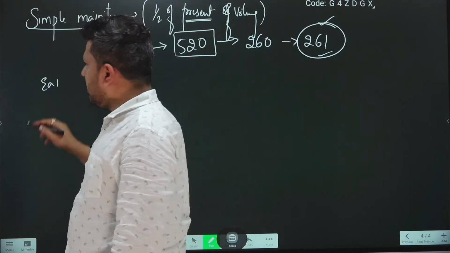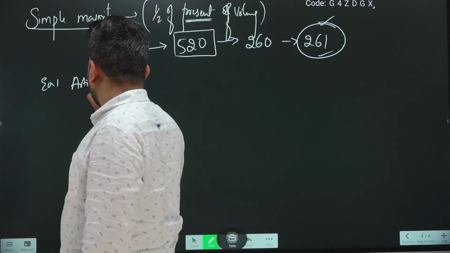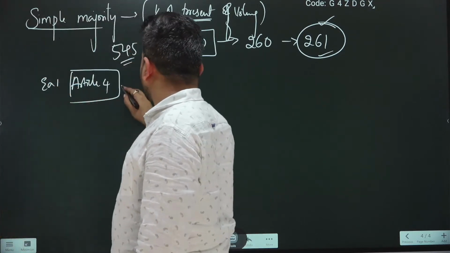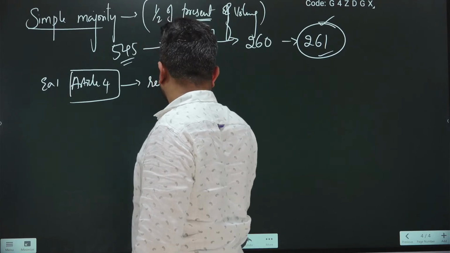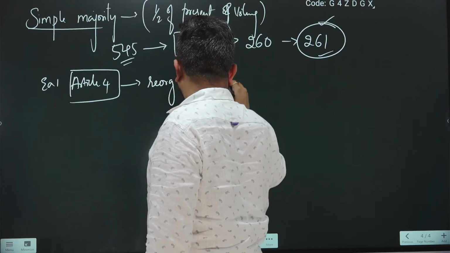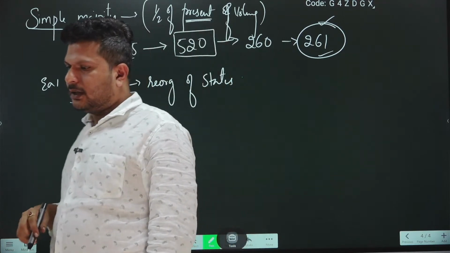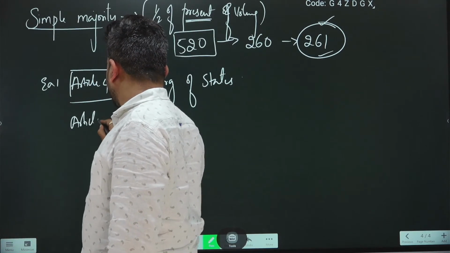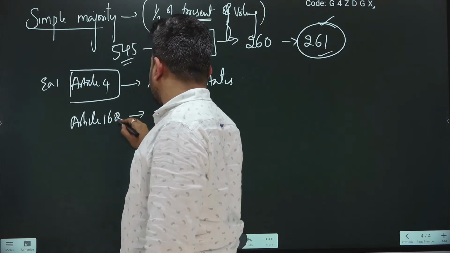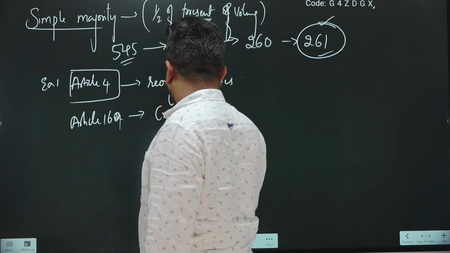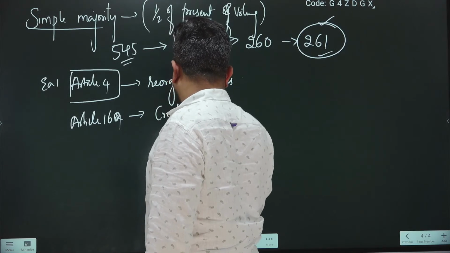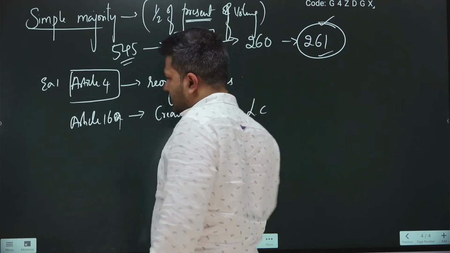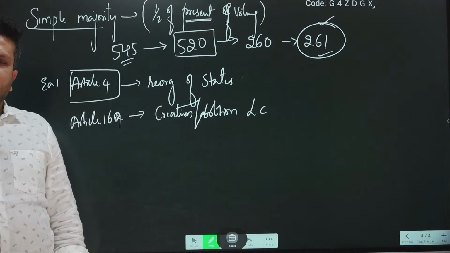And if we take an example of the provisions considered under this, we are talking about Article 4. Article 4 of the Indian Constitution talks about changes related to reorganization of states. In the same way, Article 169 talks about creation or abolition of legislative councils of states.